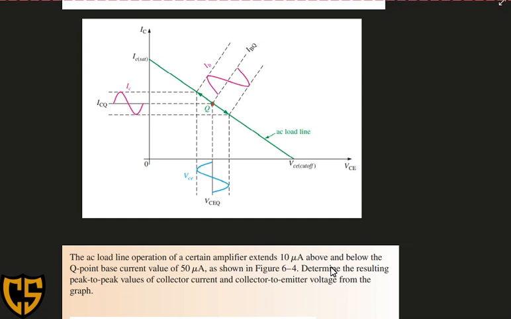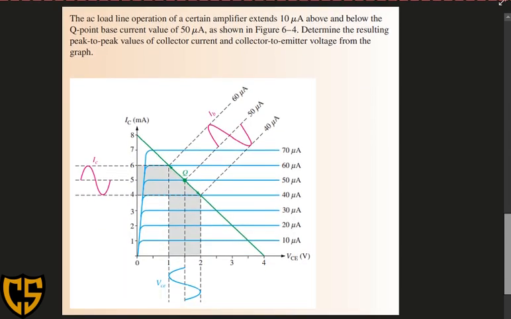So we have below a simple example of how to analyze our AC load line circuit. The AC load line operation of a certain amplifier extends 10 microampere above and below the Q point, base current value of 50 microampere, and as shown in figure 6. So this is the figure shown below.